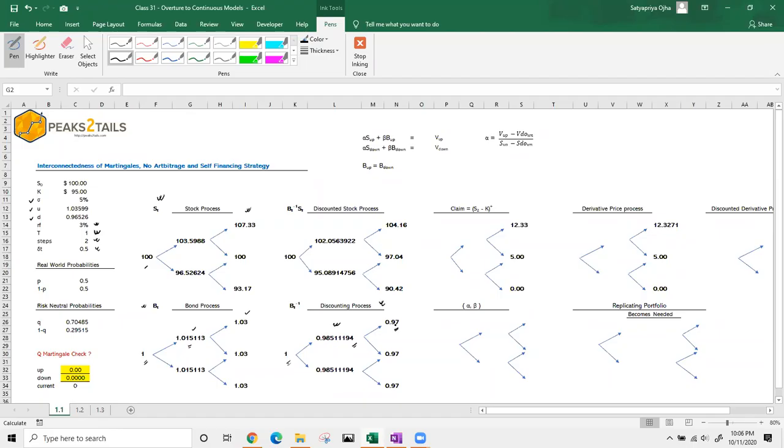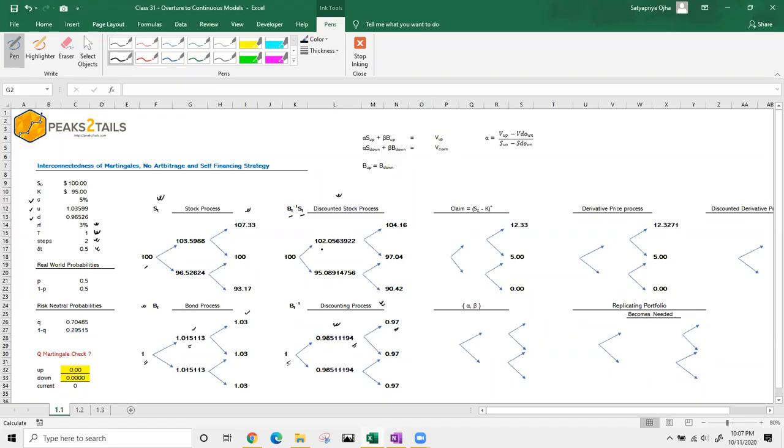Now we talk about the discounted stock process. It is pretty easy. Basically, you are just discounting all the states of the stock price to today. How do you do that? It's simply multiplying the discounting process with the stock process. Discounting times stock gives you the discounted stock process.